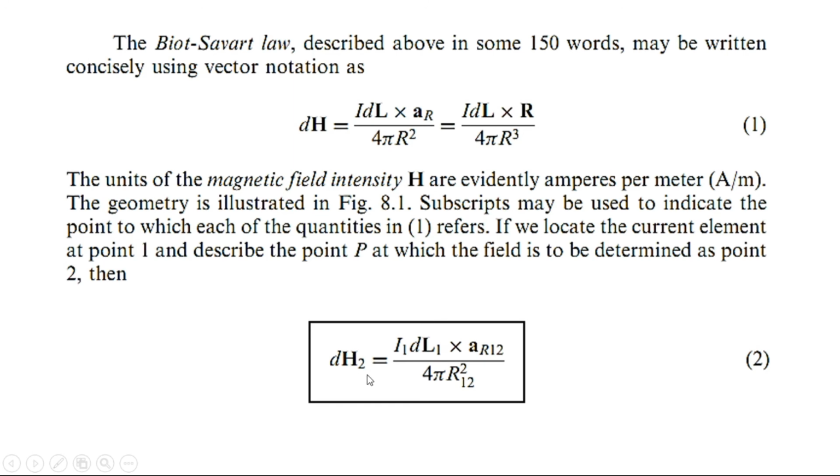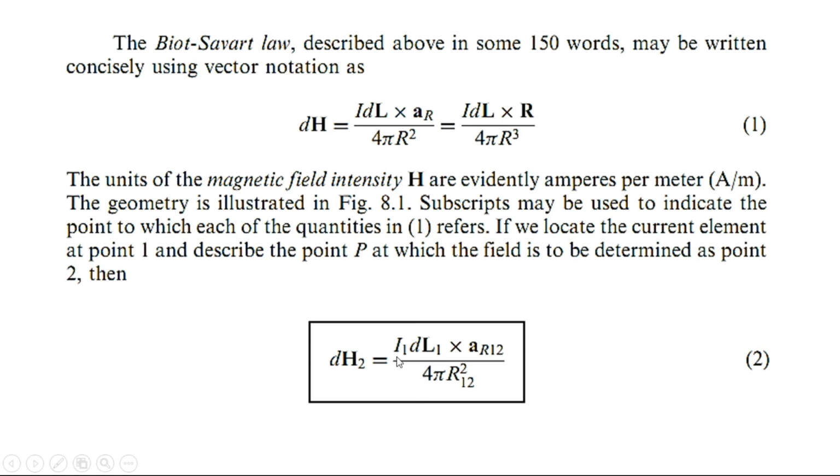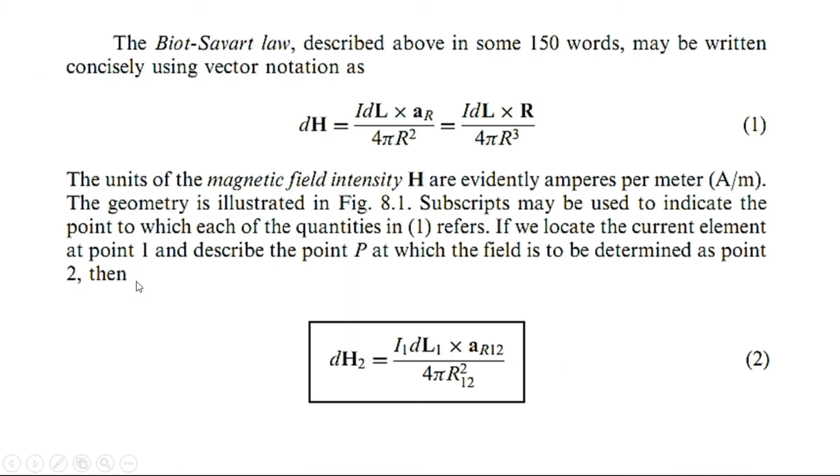Then dH2, the magnetic field intensity at point 2, will be equal to I1 dL1 cross aR12, the unit vector of the vector joining the differential element and the point P, divided by 4 pi R12 whole square, the magnitude of the vector R12.